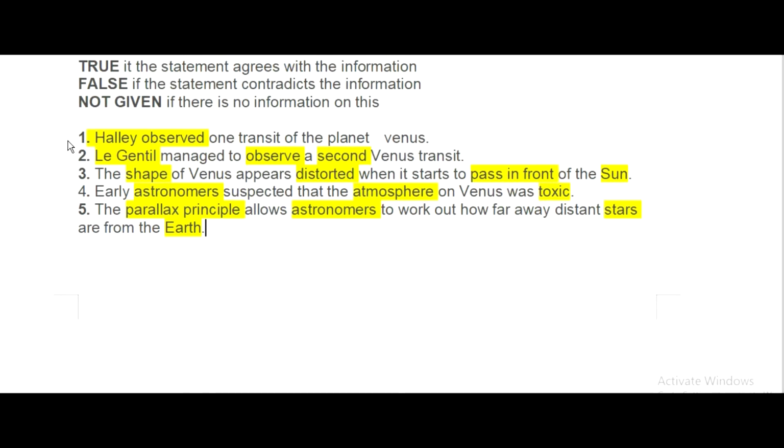I think we do first, second and fifth, because here we have a name and it's a proper noun. Here it's also a proper noun. And in the last, I think we can easily find this keyword. Parallax principle, Legentil, Halley. These are easy keywords. That's why we first want to start with these questions.